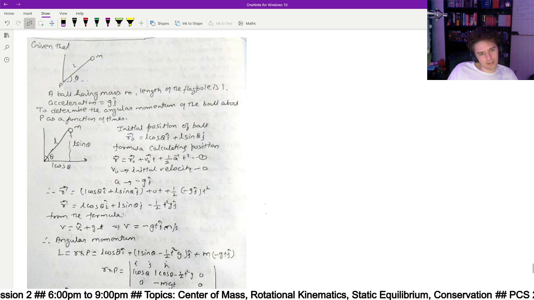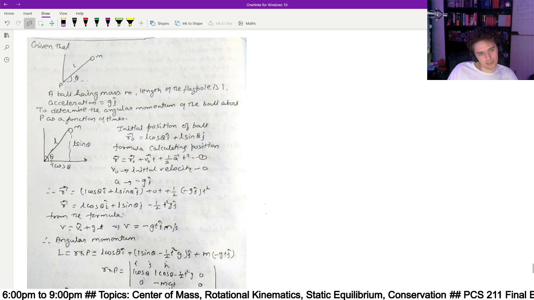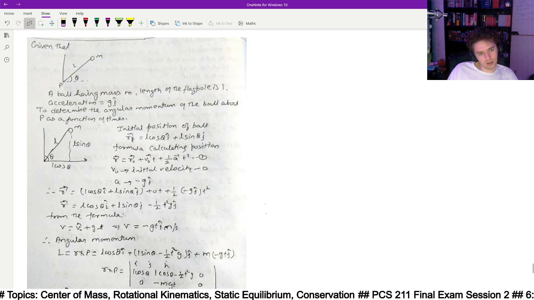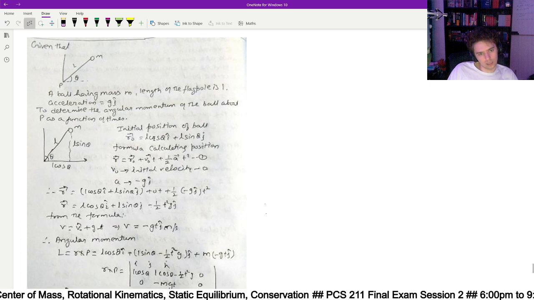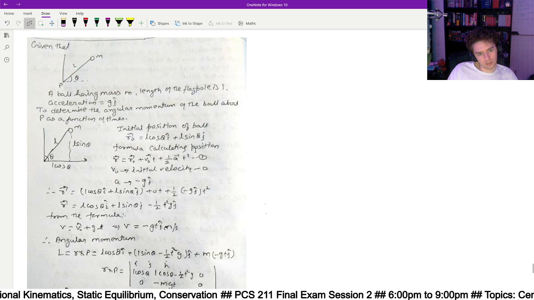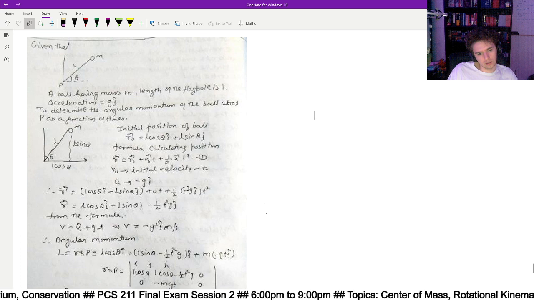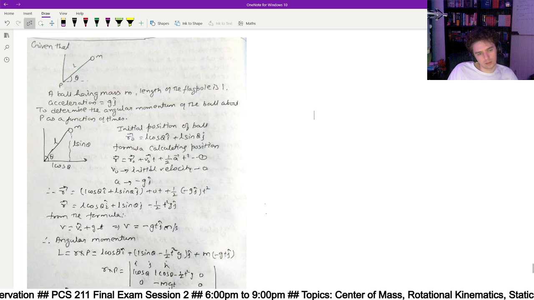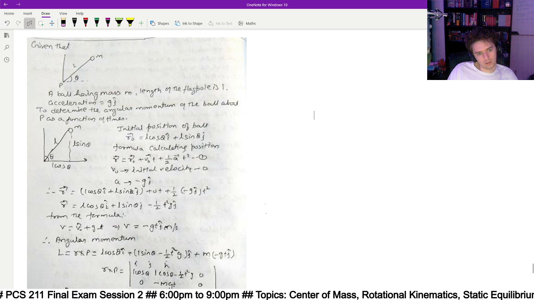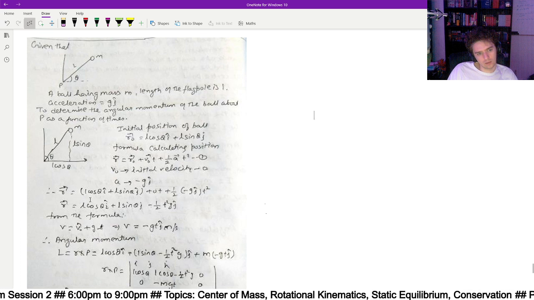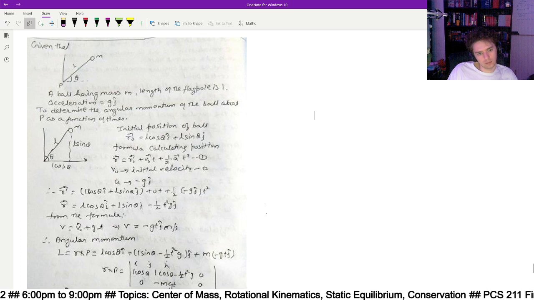Yeah, that makes sense. So take these as components. Inertial position of the ball, R naught equals L cos theta. The formula calculating position. Initial velocity equals... Is that alpha?